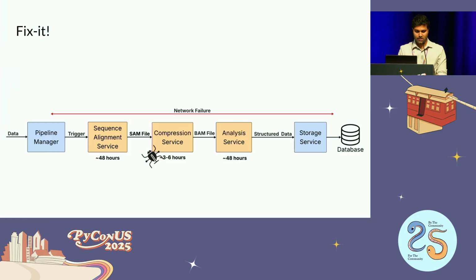Now that we looked at different techniques of applying idempotency and some design patterns, how do we fix our original data pipeline? We use state management and forward recovery. We implement a state tracking mechanism so that, let's say, the pipeline failed at the sequence alignment service, you can restart and you don't waste the hours and you can move forward.